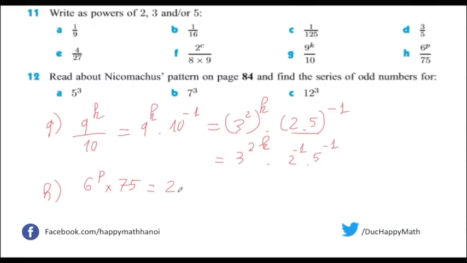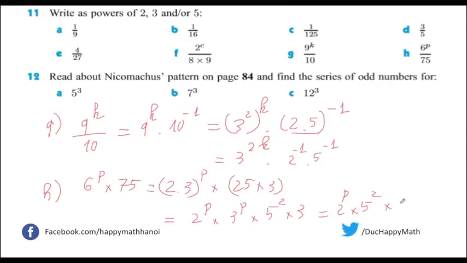You have 2 times 3 to the power of P and 25 times 3. 2 to the P times 3 to the P times 5 squared and times 3. It means 2 to the P times 5 squared and times 3 to the power of P plus 1. This is P power of 3 to the 2 and this is 3 to the 1. So the final result is like this.